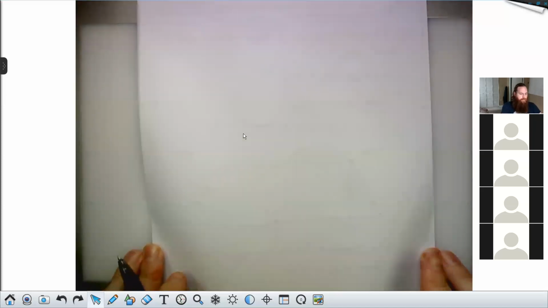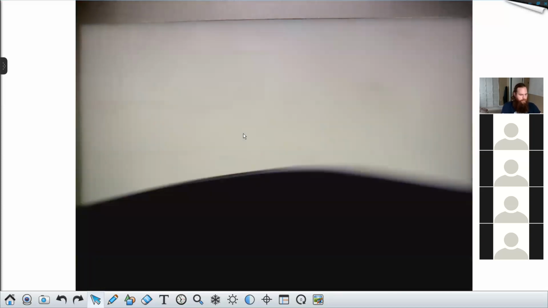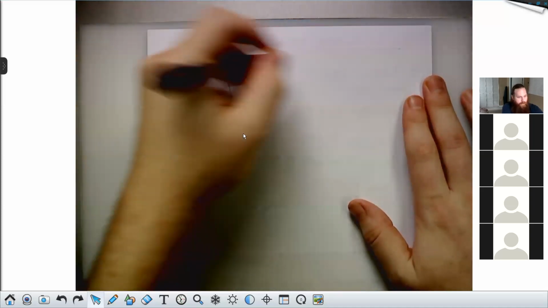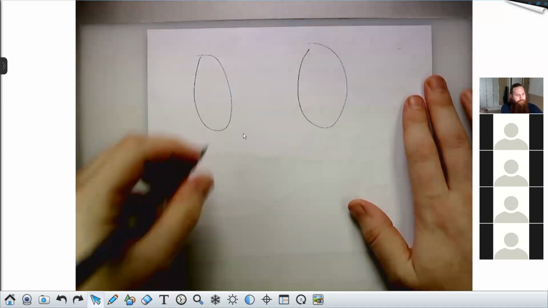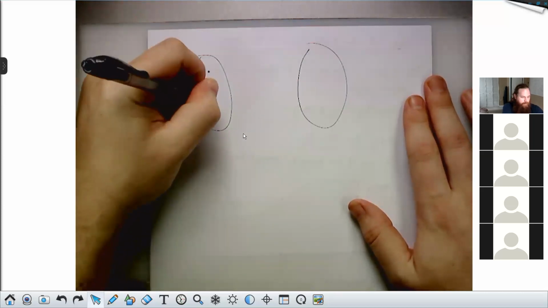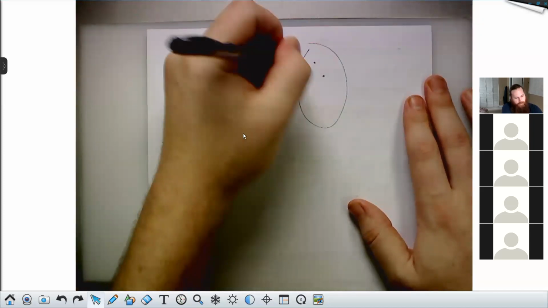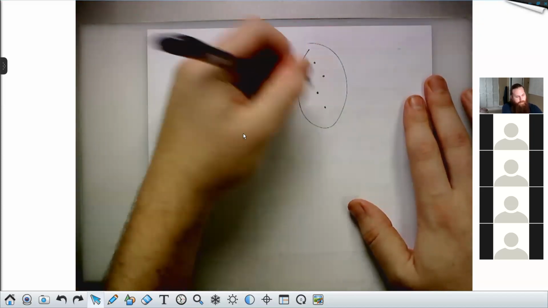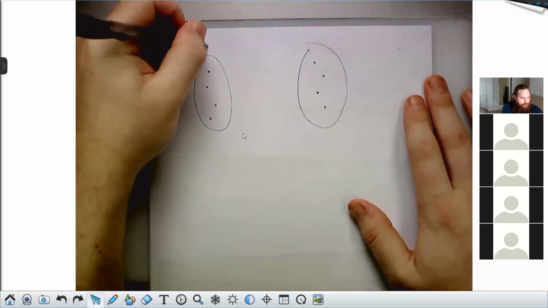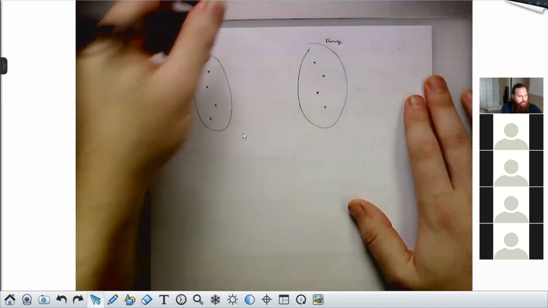Functions are often described as mappings, especially in higher level math classes. We like to think of the input space and the output space. The input space has some stuff in it. And the output space has some stuff in it. This is like the domain. This is called the codomain, but it's basically the range.